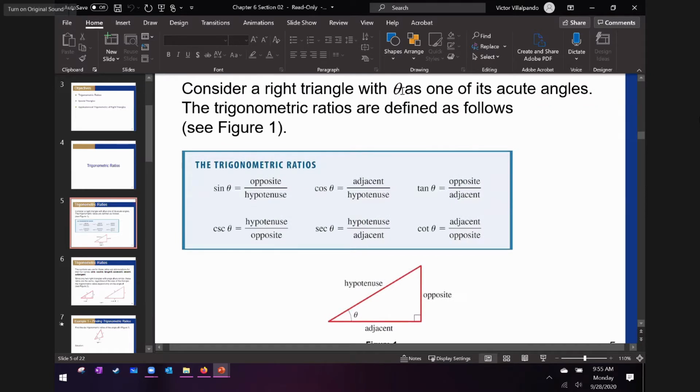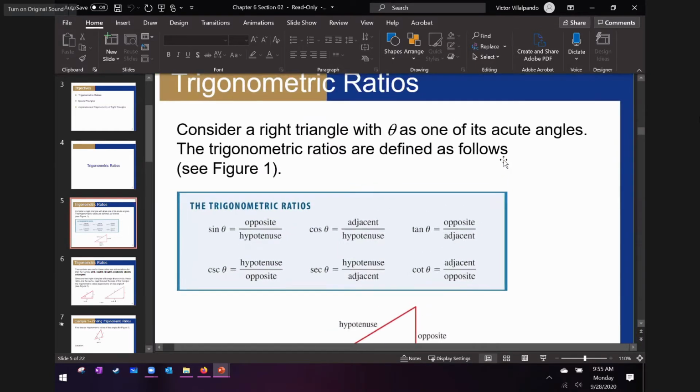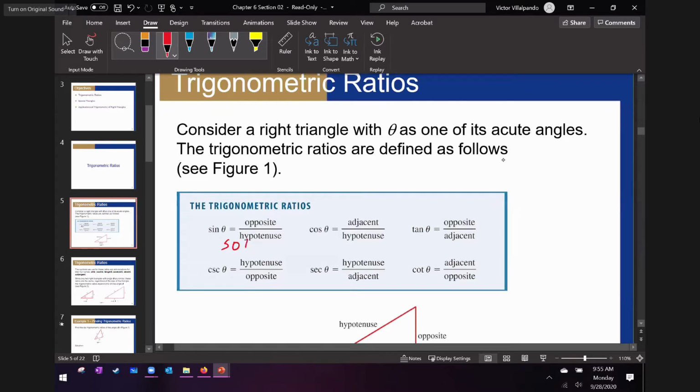Theta, this is just a Greek symbol, as one of its acute angles. The trigonometric ratios are defined as follows. So here we have sine is related to opposite over hypotenuse. So that's where that SOH comes from, right? Hopefully, if you haven't heard of it, this is where it comes from.